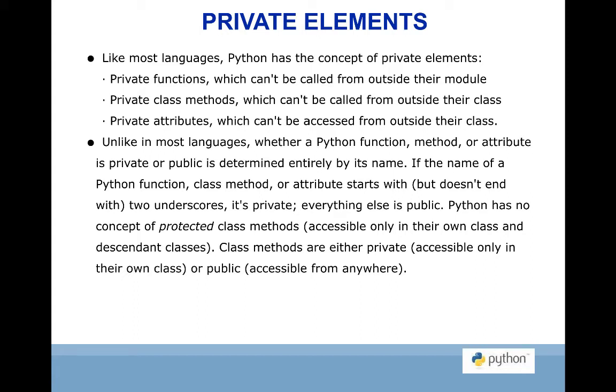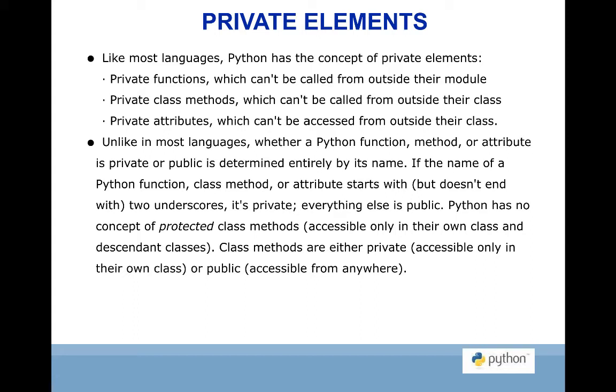However, syntactically we have to define the private elements. In Python, whether a function, a method, or an attribute is private or public is determined only by its name. There's only syntactical sugar, by which the interpreter is able to identify whether a particular attribute is private or not.